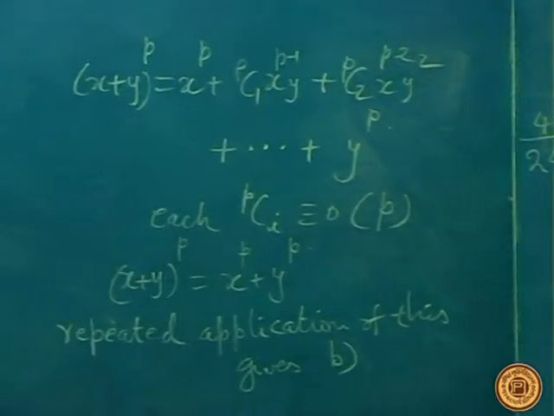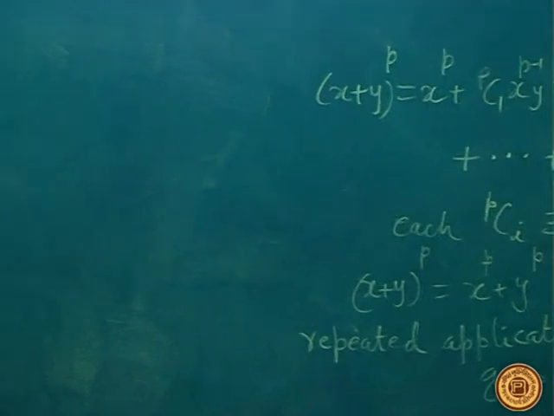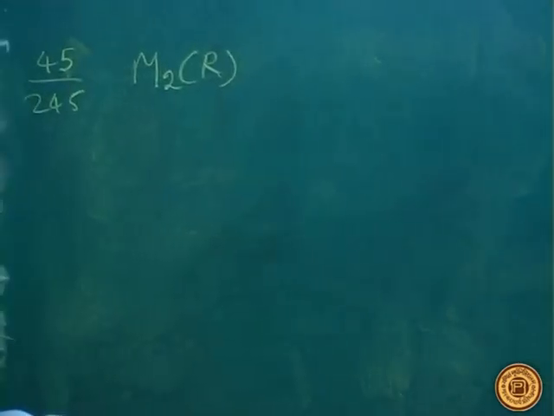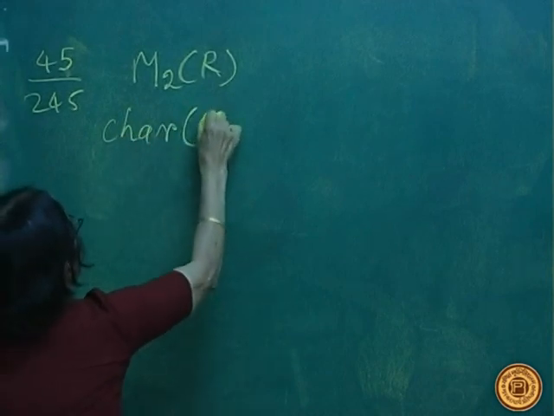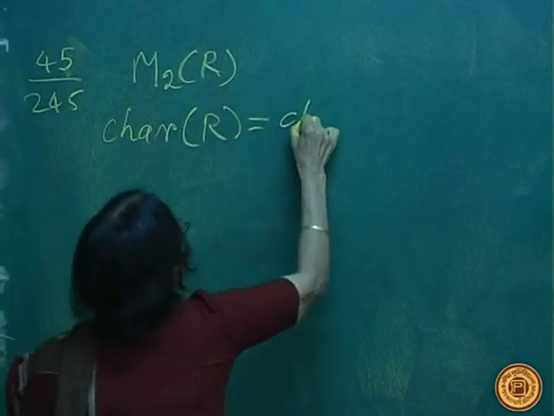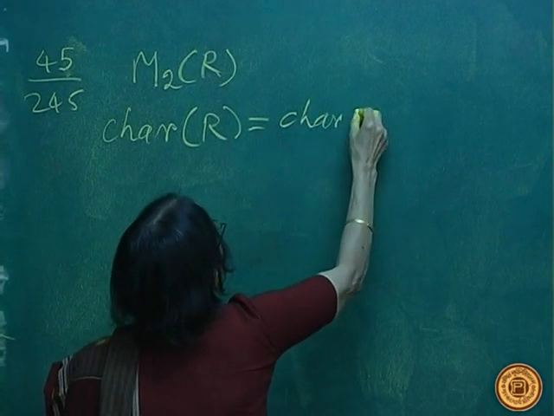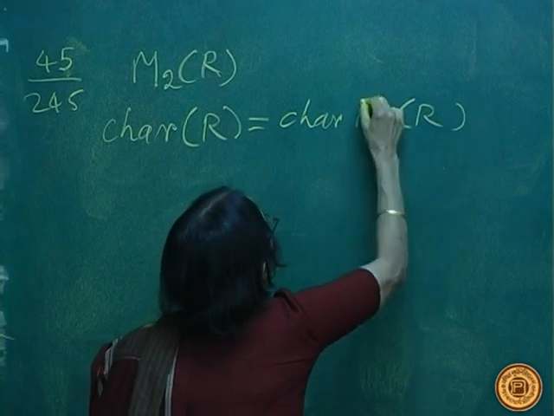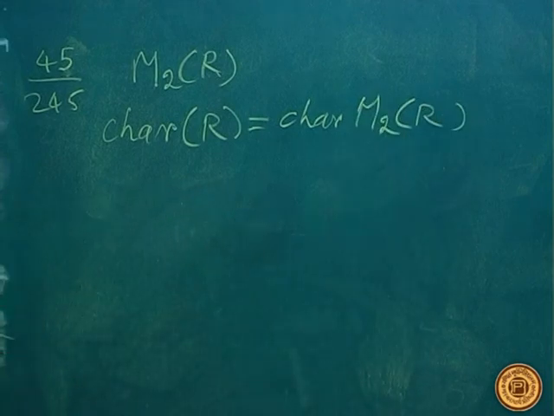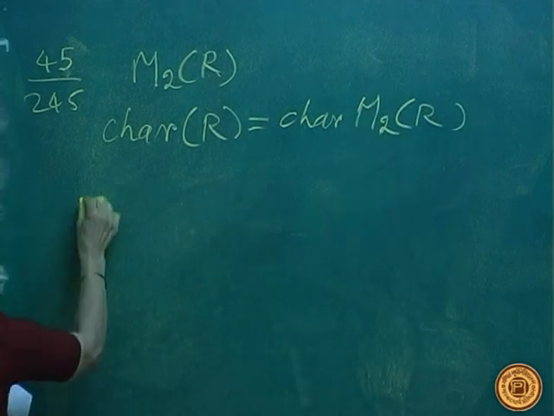In our notation, 2 by 2 matrices with elements in R. These two have the same characteristic. What does it mean? We need to explain that the characteristic of R is the same thing as the characteristic of M2(R). Easy, because what is M2(R)?